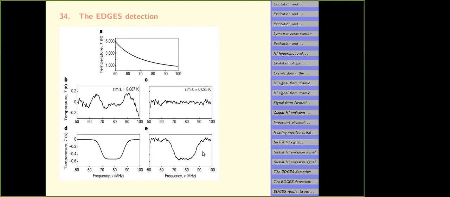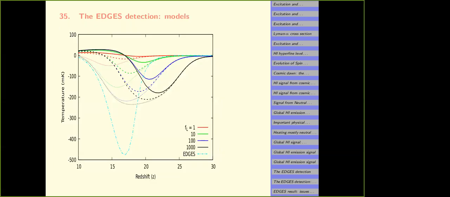And it lasts, if you convert this into the redshifted H1 line, between roughly redshift of 19 to roughly redshift of 15. So if you interpret this as coming from the cosmic dawn era, then we are seeing a steep, very deep trough in a redshift range between 19 and 15.